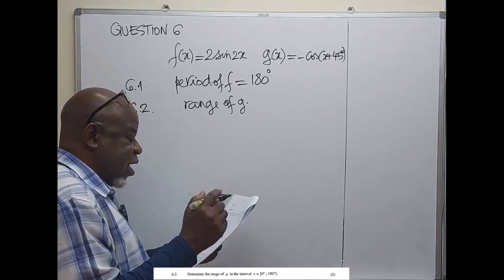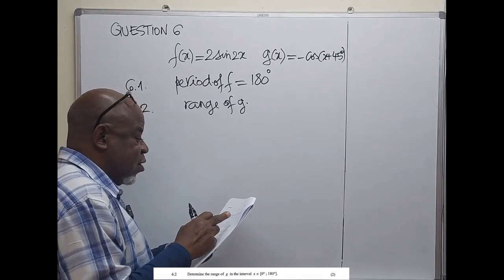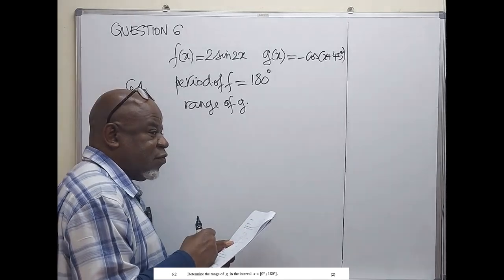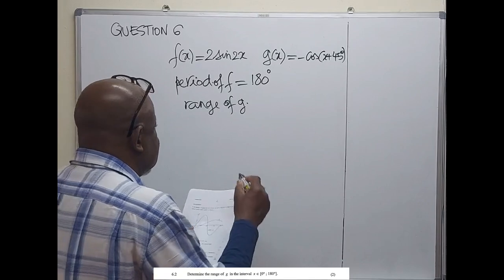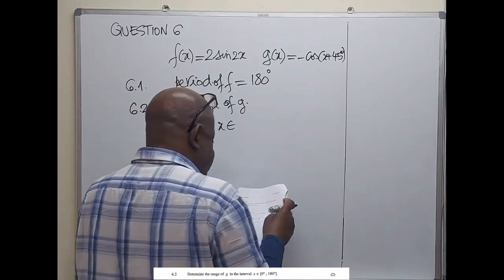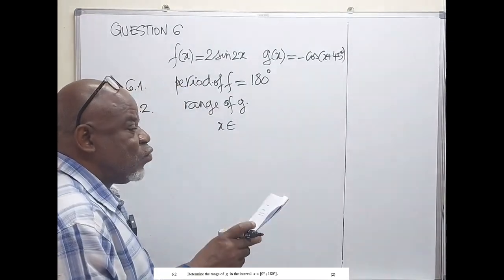If we replace x by 0, it will be negative cosine of 45 degrees.